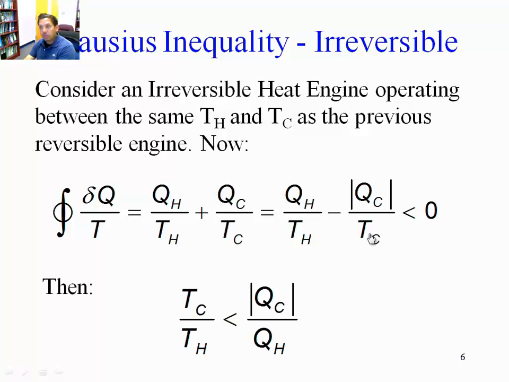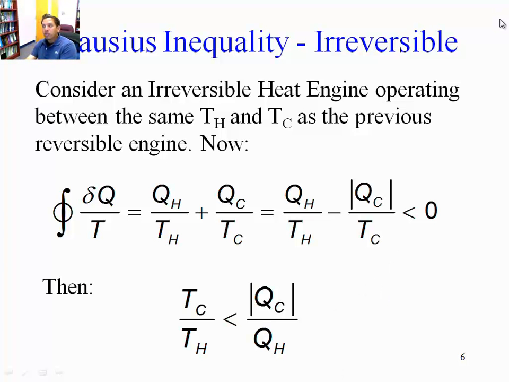And therefore, QH over TH minus QC over TC is less than 0. Solving for the ratio TC over TH, we can send this to the right-hand side, with TC multiplying to the left-hand side and QH dividing to the other side. TC over TH, the ratio of the temperatures of the thermal reservoirs, is less than the ratio of the heat exchanged by these two thermal reservoirs.